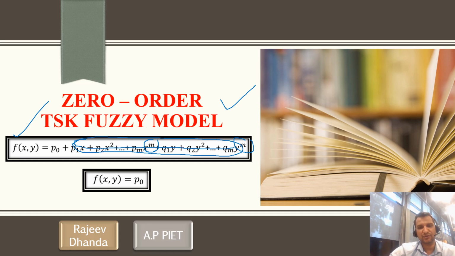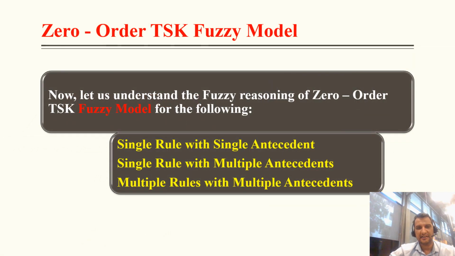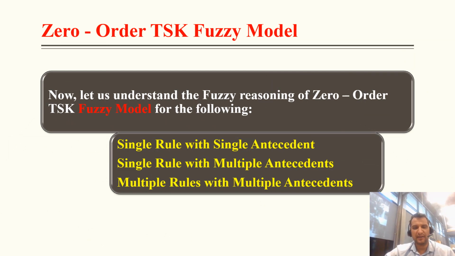Only there will be a constant value, which is equal to p0. We will calculate now. There will be the same three types of explanation: single rule with single antecedent, single rule with multiple antecedents, and multiple rules with multiple antecedents.